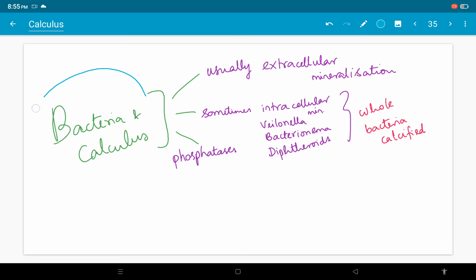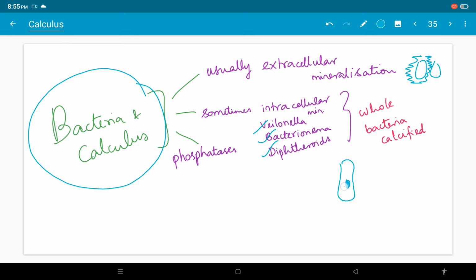Now, do bacteria and plaque have any role in calculus formation? Yes, they have a certain role. Let us see the three types of role bacteria play. Usually, if there are two bacteria, the mineralization occurs between them. That is, extracellular mineralization happens. But certain bacteria, especially filamentous rod type bacteria, show intracellular calcification. That is, Veillonella, Bacterionema, and diphtheroids.